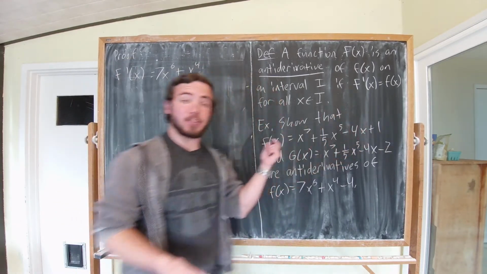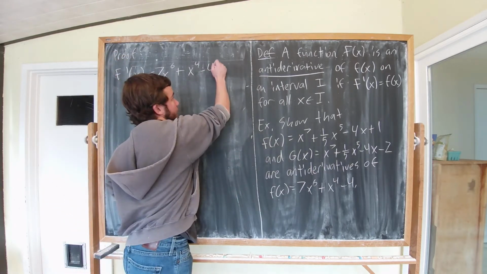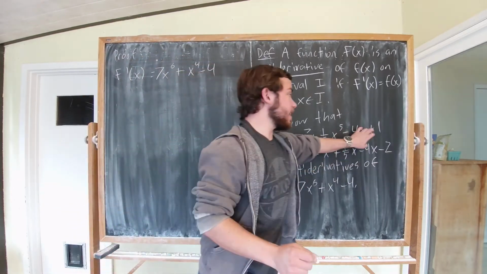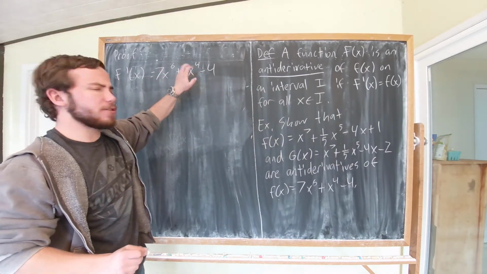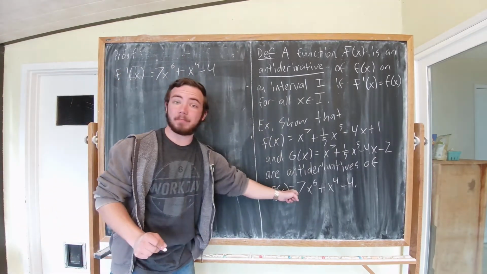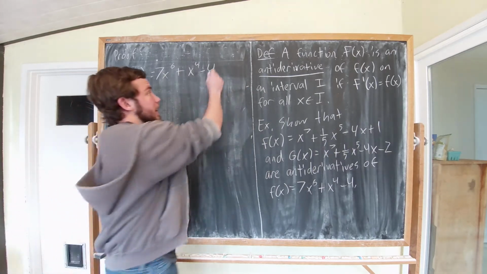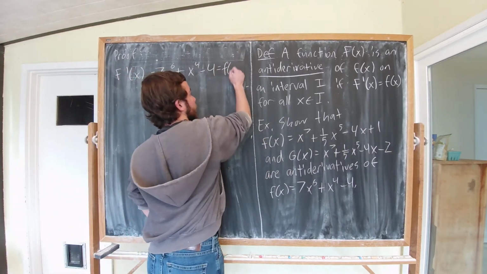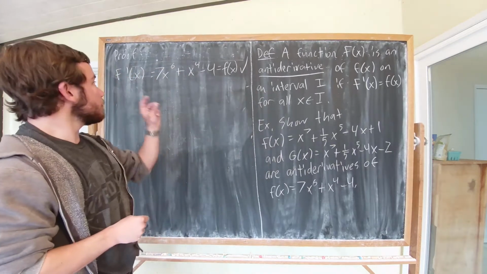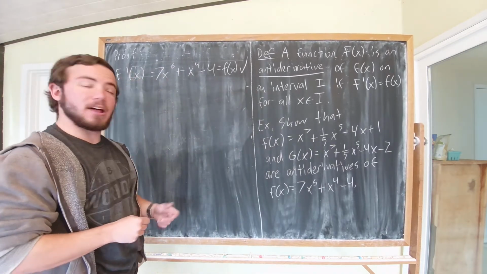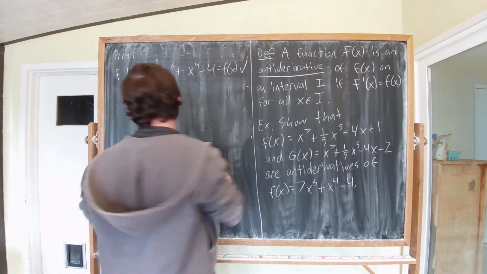The derivative of minus 4x will be minus 4. And the derivative of plus 1 is 0. So 7x to the 6th plus x to the 4th minus 4 matches with our little f of x. So, check. Capital F is an antiderivative.